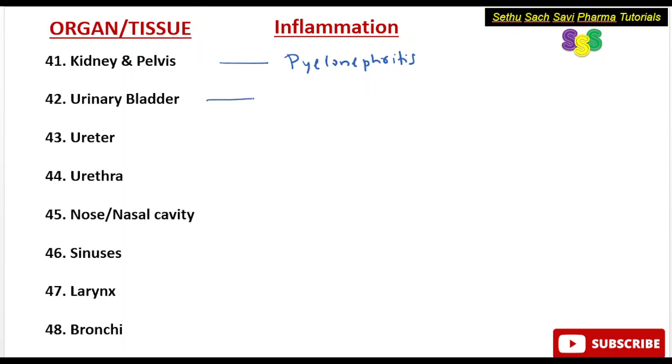Now coming to the inflammation of urinary bladder, it is cystitis. Inflammation of gallbladder was called cholecystitis, whereas inflammation of urinary bladder is called cystitis. Now inflammation of urethra, it is urethritis.